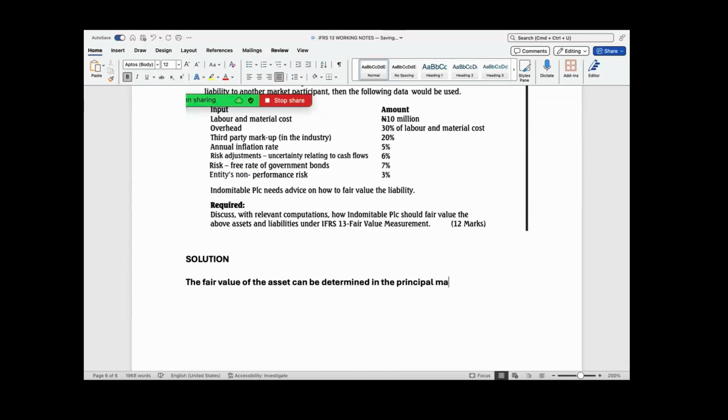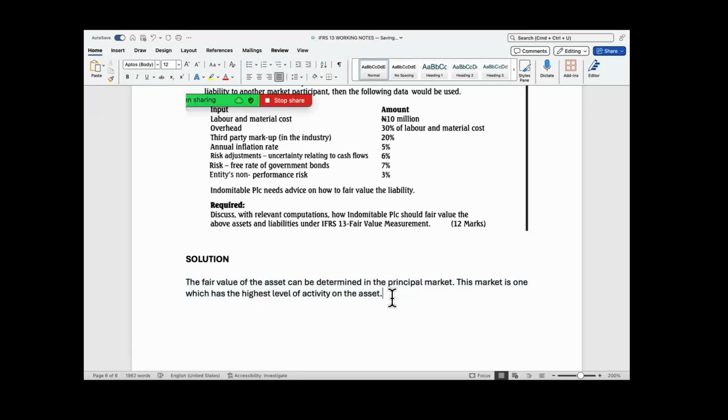In the principal market, this market is one which has the highest level of activity on the assets. Okay, that's the first thing I would say.